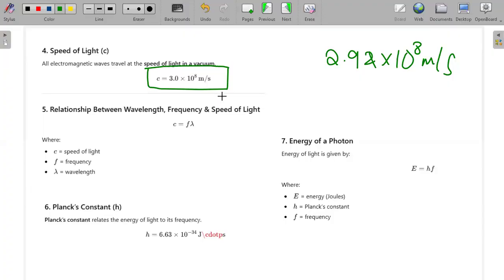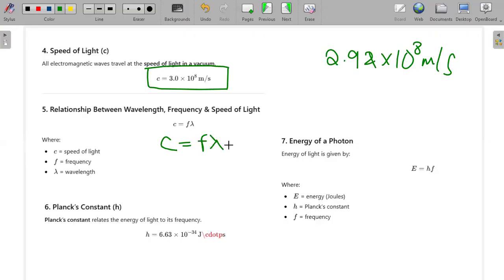Now between the wavelength, the frequency, and the speed, what is the relationship between those three? The relationship comes in by what we call the wave equation. The wave equation simply says the speed is equal to the frequency multiplied by the wavelength.